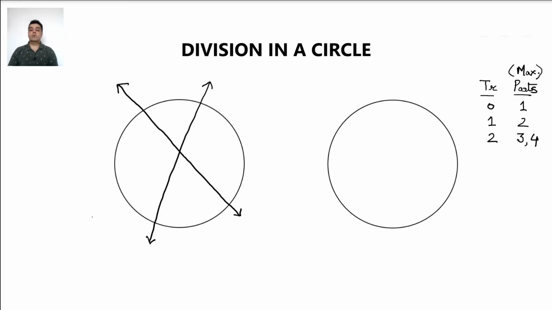Right? Okay. Now, as we discussed earlier, while we are talking about the division in a circle, we will keep on taking it to the next level. And for the sake of discussion here, we will be talking about the maximum number of divisions or parts as a consequence of the drawing of the transversals.